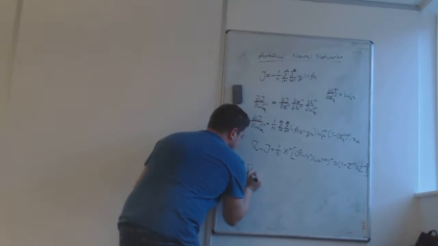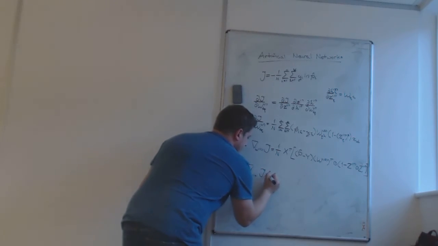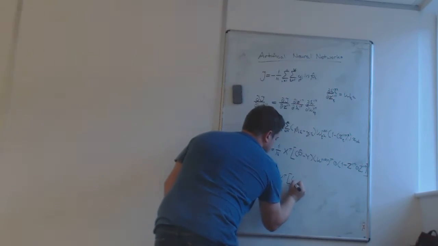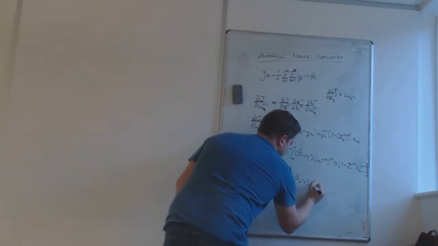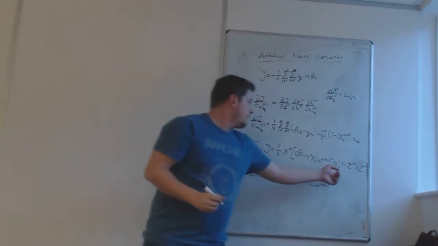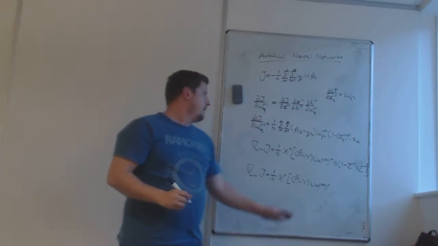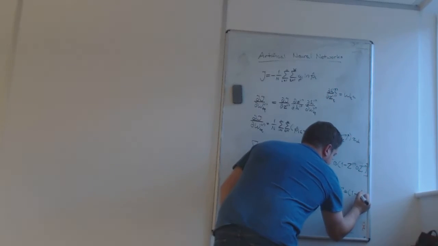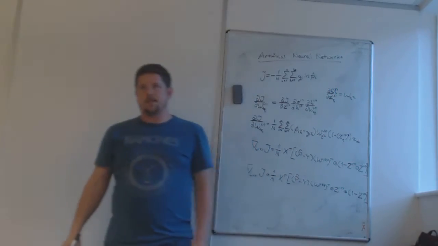All this would be the same. But now, instead of element-wise multiplying everything by the derivative for the hyperbolic tangent, we do the derivative with respect to sigmoid.